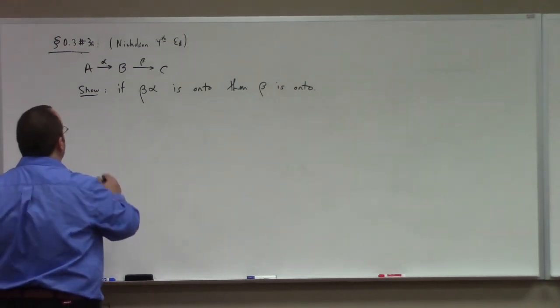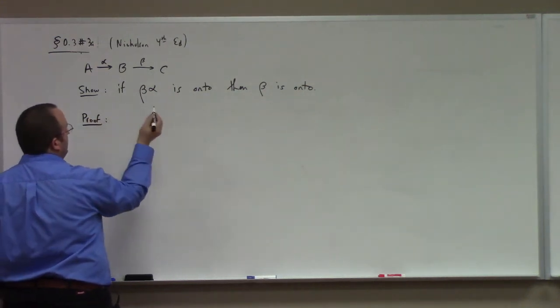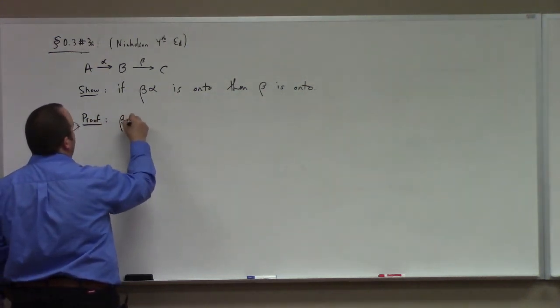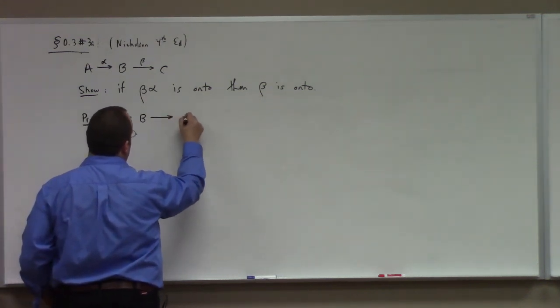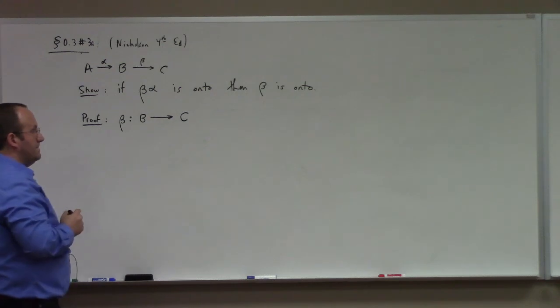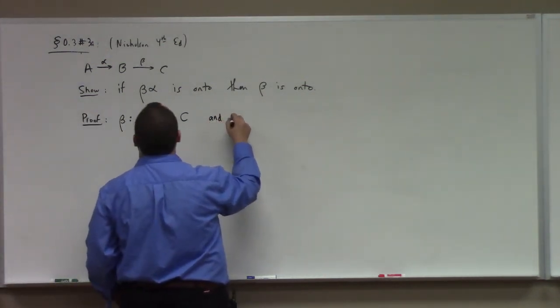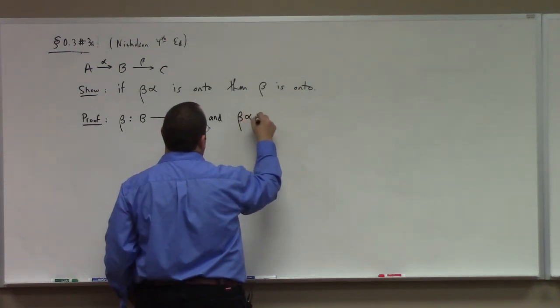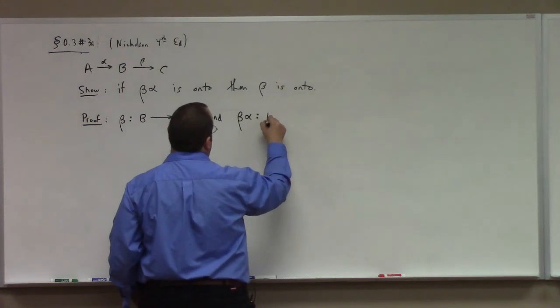Let's see here. Let's look at the proof. So our beta is what? Beta is a map from B to C, right? And how about beta alpha? Beta alpha is a map from where? A to C, right?